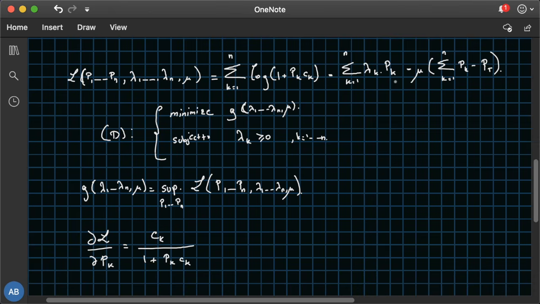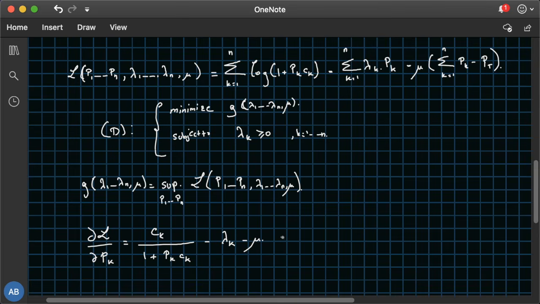Now in the second term, again, pk shows once in lambda k pk, so the derivative would be a lambda k. And last but not least, in the final term, we've got a mu, with pk showing once in the kth term of the sum, and hence we'll be left with a mu. Okay?